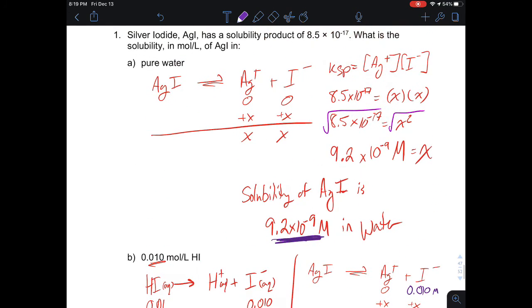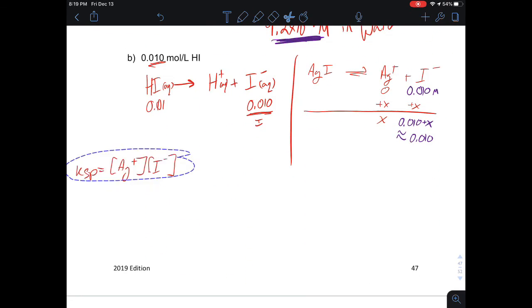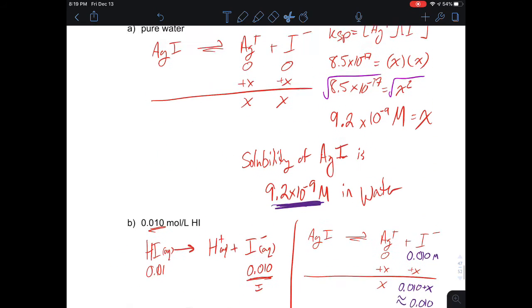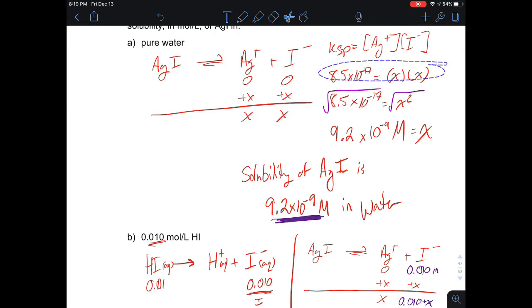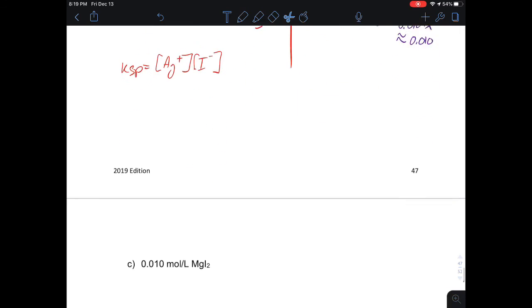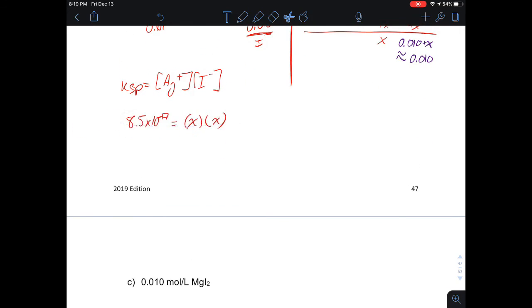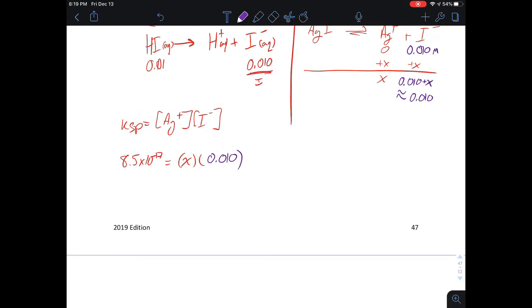We can now take our KSP equation, so might as well steal this again because we want to be as precise as we can be. So we're going to put this down here. I even need to steal this number because I keep forgetting it. Copy. So I'm doing all the same stuff, except instead of one of these x's, I'm going to be incorporating 0.010.